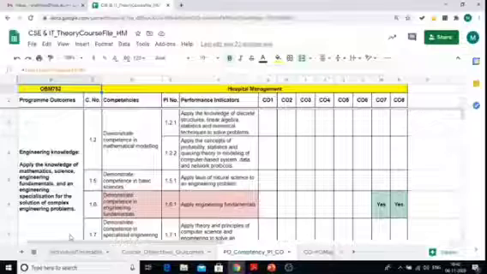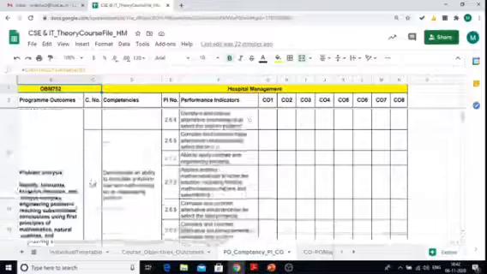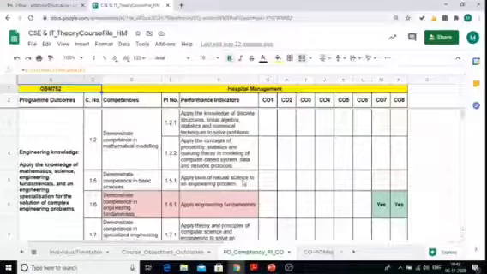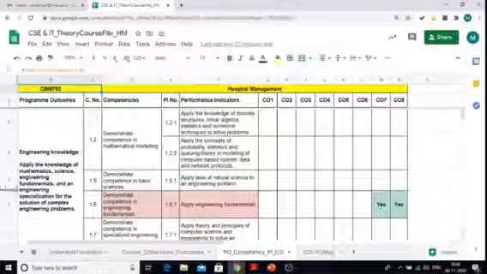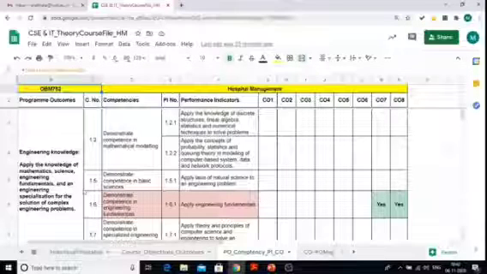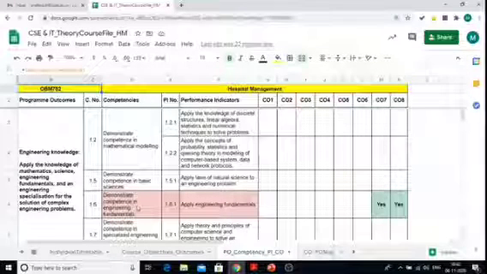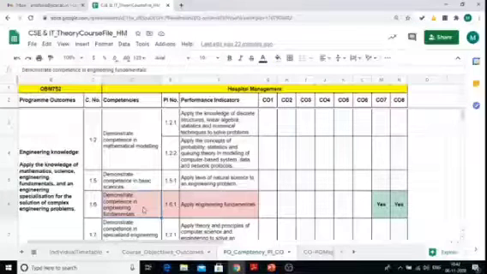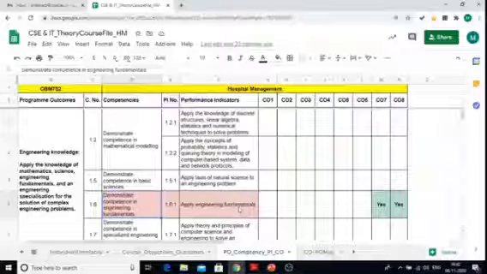In this, I have listed all 12 POs and we have to map the CO with the performance indicator. For example, let us consider the first PO, engineering knowledge. For the first PO, the competency 1.6, that is to demonstrate competence in engineering fundamentals, has the performance indicator apply engineering fundamentals.